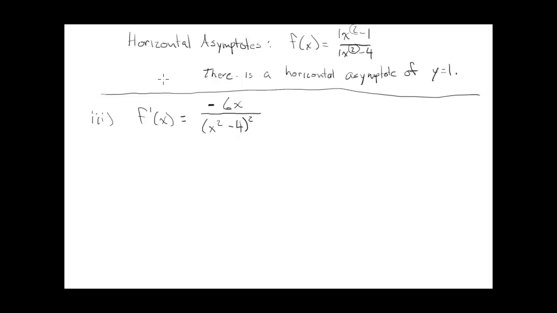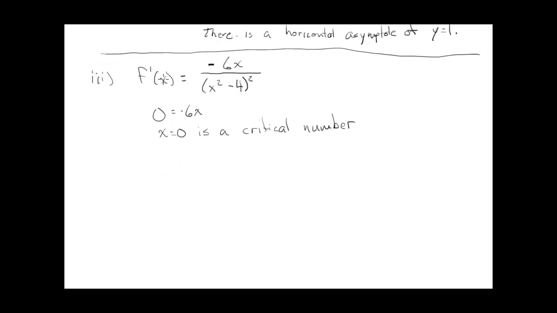So we'll try to figure out the critical numbers, which is whenever this is equal to 0, which would be when the numerator equals 0, or x equals 0 is a critical number. So now we're going to set up a first derivative test. So we have our intervals.